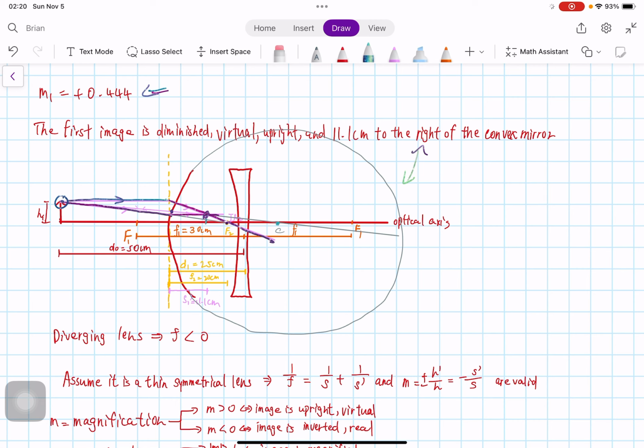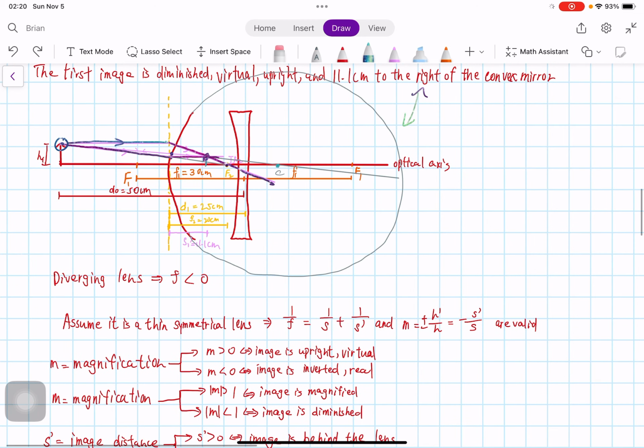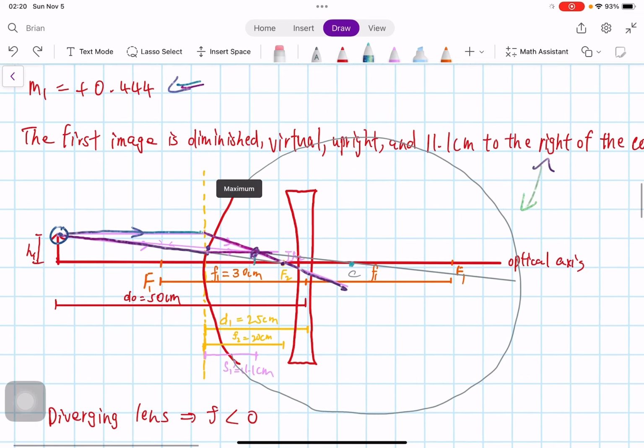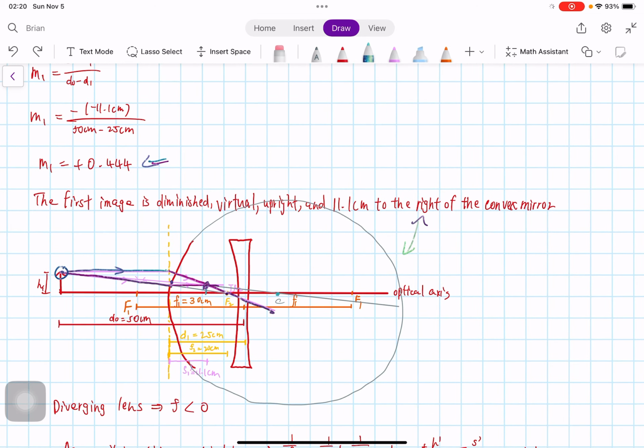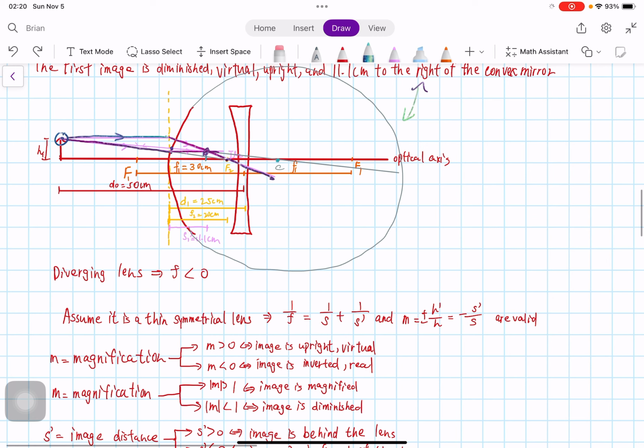What it means is that when we're extending this convex mirror to a whole circle, then the C would be the center of the whole circle. So we have the first image, and it makes sense with the conclusion we have made, since it is diminished, virtual, and upright. Then we're gonna look at the second refractive surface, which is the diverging lens.